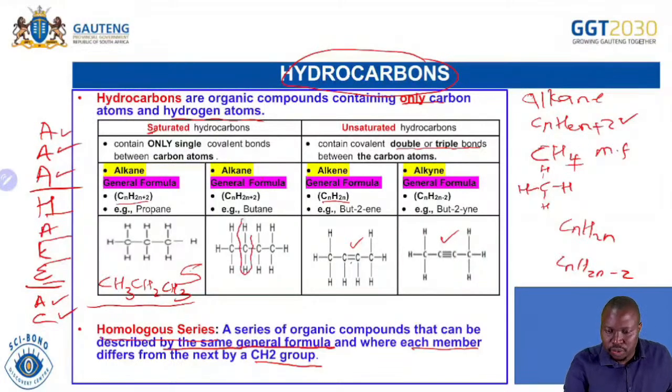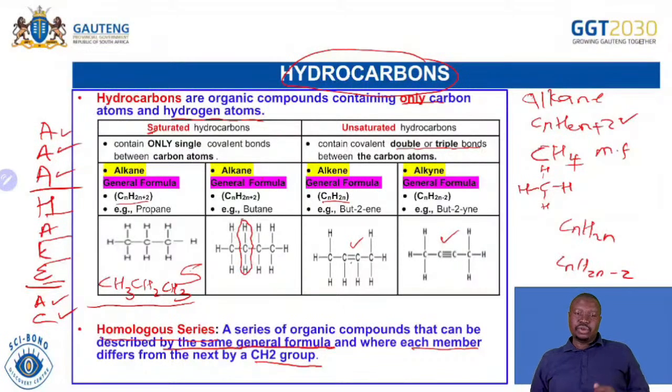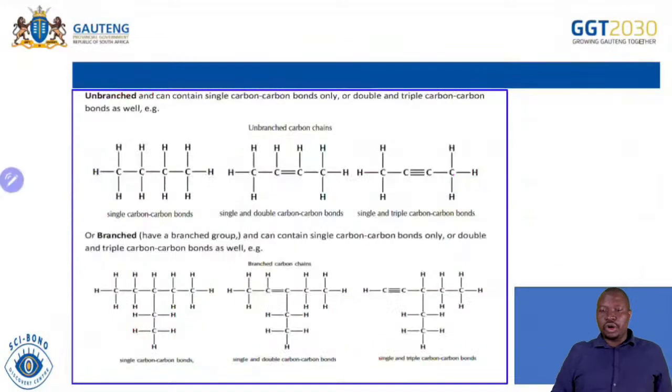If I remove this CH2 here, butane will be the same as propane. So it's important for you to understand that in a homologous series, one member differs from the next by a CH2 group. So that's how you will define homologous series. They are described by the same general formula, and each member differs from the next by the CH2 group. I hope you got that, and it will help you as you go forward.